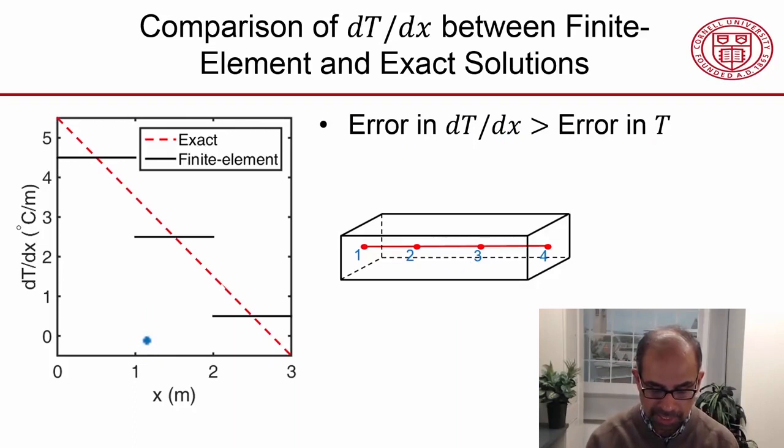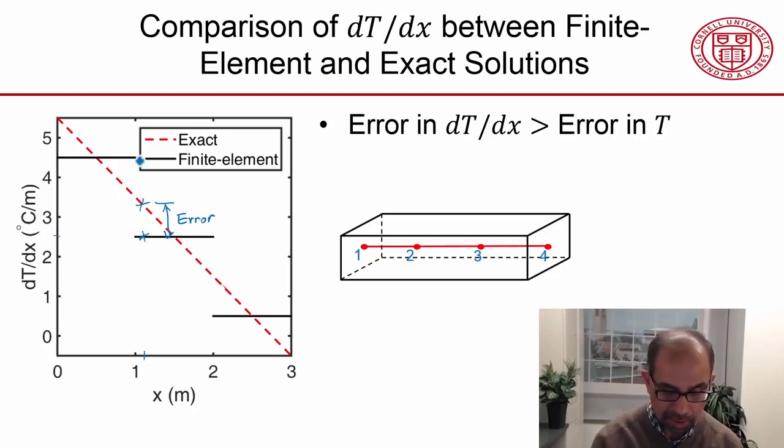To see that, if I say I want to look at the error at a location like that, the finite element solution says that the dT/dx is that value here, whereas the exact solution says it's that value, and that difference is an error. And then at the nodes, the derivative is discontinuous, which is a problem, but we can live with that problem.